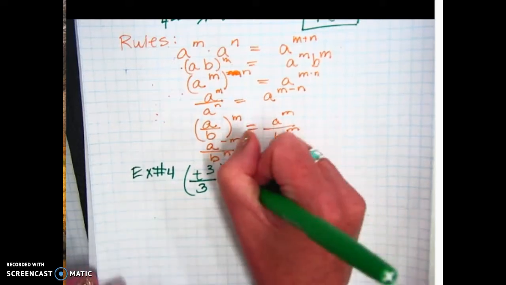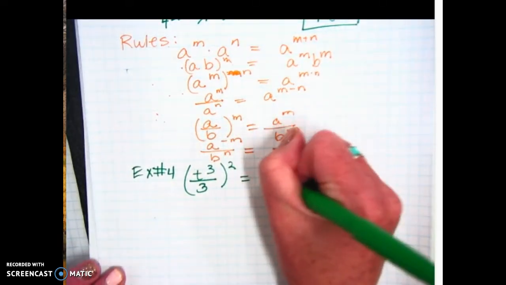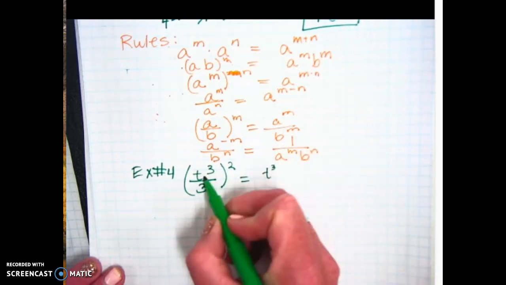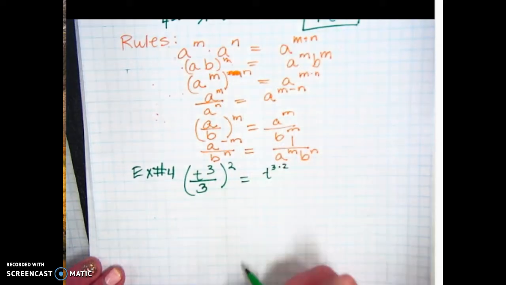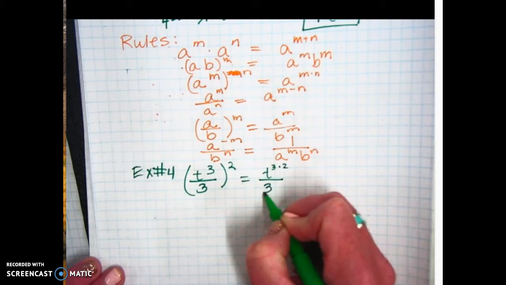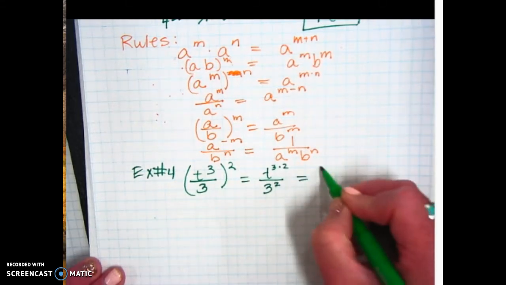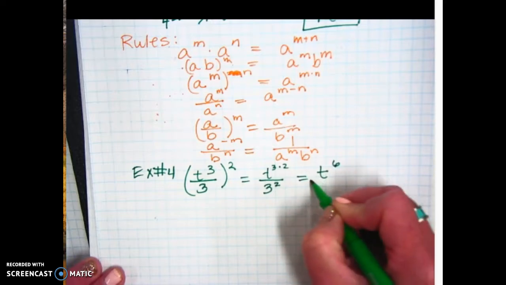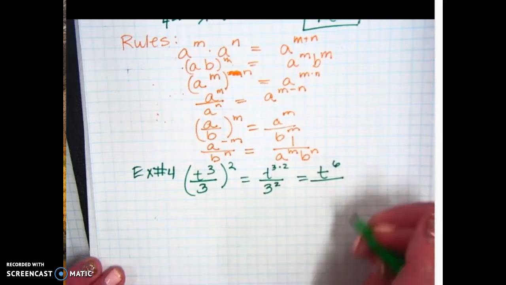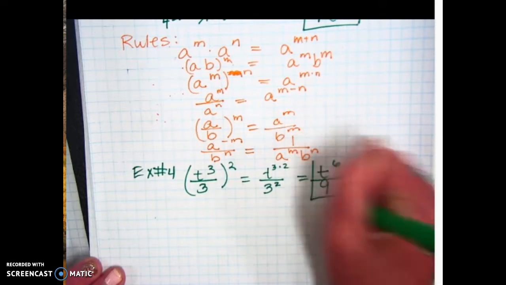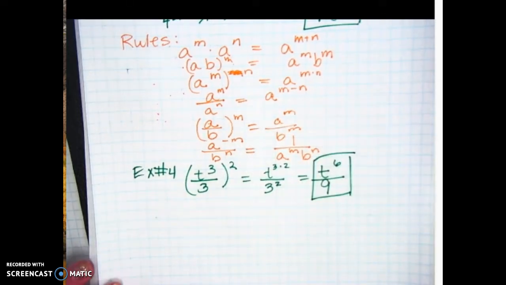So I'm just pointing it out so that you don't forget to do that. You want to take t to the third also to the second and the denominator to the second. So when you simplify it, you have t to the 6th power over 3 squared, which is 9. So t to the 6th over 9.